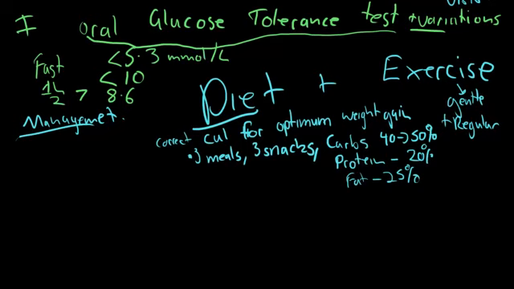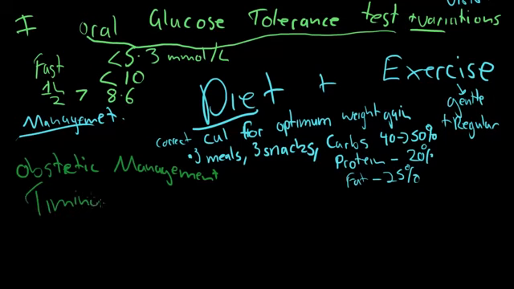So the next stage in management is your obstetric management. How the pregnant woman's going to be giving birth. Now this is really complicated stuff, but I think the main things in relation to gestational diabetes is timing plus route of delivery.